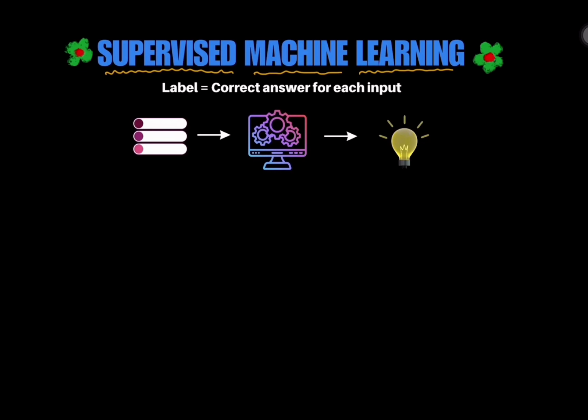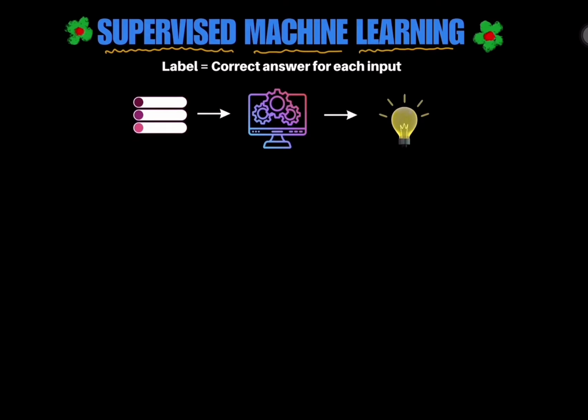So let's start with supervised machine learning. In supervised machine learning, the main thing that we have is the label that we just learned about, which is the correct answer for each of our inputs that we will be using for training. So here we will be using labeled data to train our machine learning algorithm and make predictions.